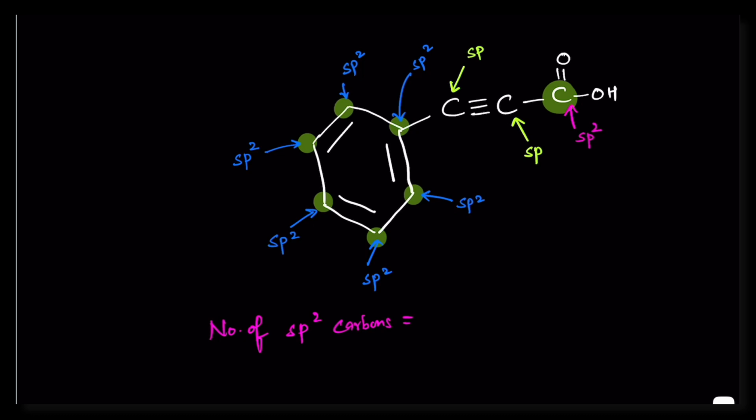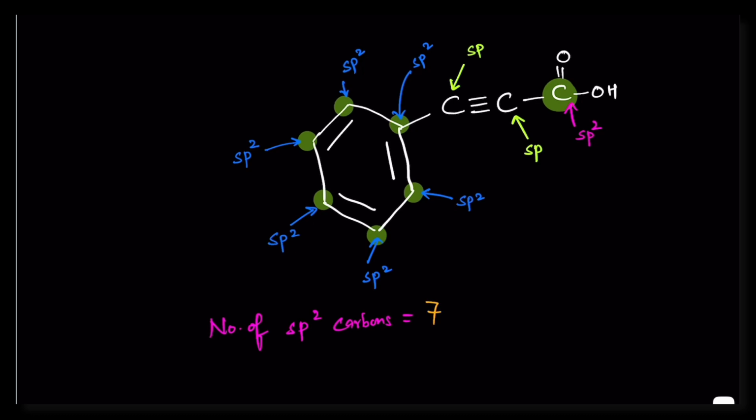A lot of interesting questions can be framed using these concepts. For example, I can ask you the number of sp2 sigma bonds between carbon atoms. Can you count that and tell me the answer?